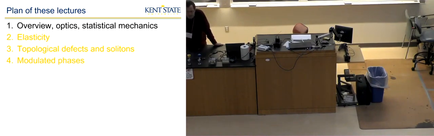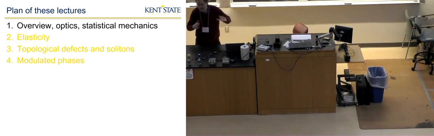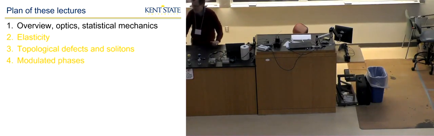In the following classes, I'm going to talk about elasticity, then about defects and solitons, and then about modulated phases of liquid crystals. I prepared this series of 4, but it worked out that the first 2 are a little bit shorter and the second 2 are a little bit longer. So if I finish early, I'm going to go on to the second one so that I can save up time for the last 2 that are longer.